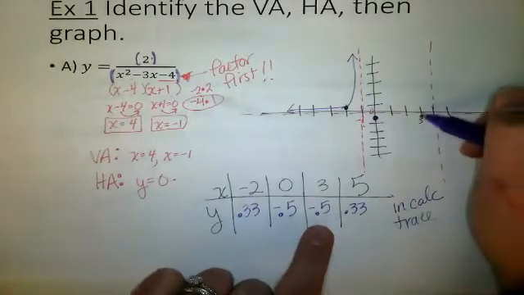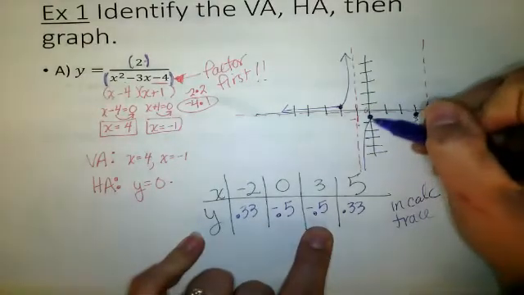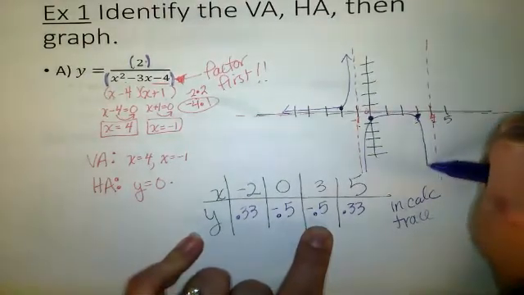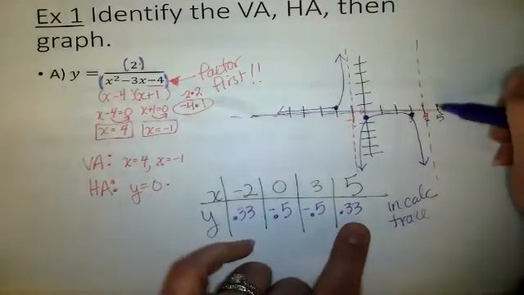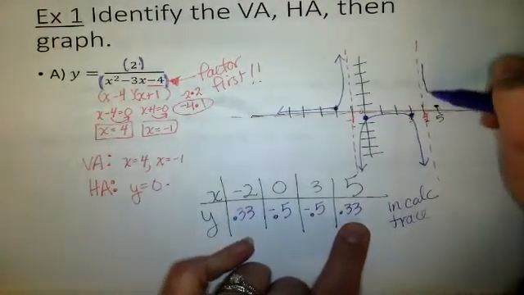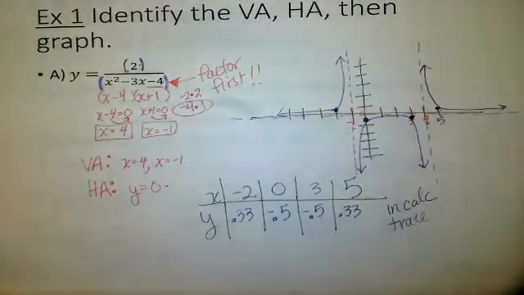And 3, -0.5 is just a tiny bit below 3, and I can connect those with a nice smooth U shape. And 5, 0.33 again is just a tiny bit above, and I'm going to connect it with a nice smooth hyperbola. And that's it, ladies and gentlemen.